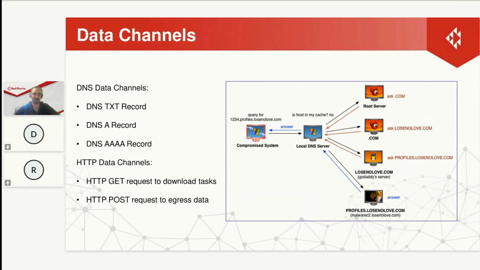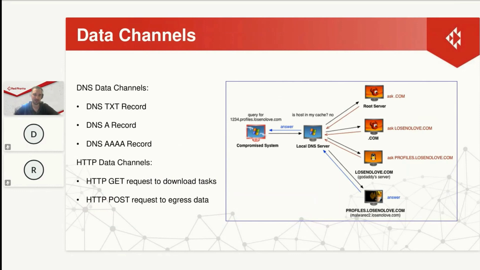They support TXT records, A records, and AAAA records. Typically the data is stored in a subdomain for a host. Because they're infiltrating and exfiltrating data, the subdomains are quite long in length, so it's fairly simple to detect anomalies just due to the length of the subdomains. That's how they do it with DNS records.